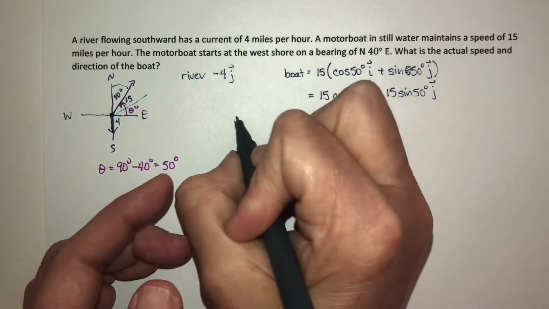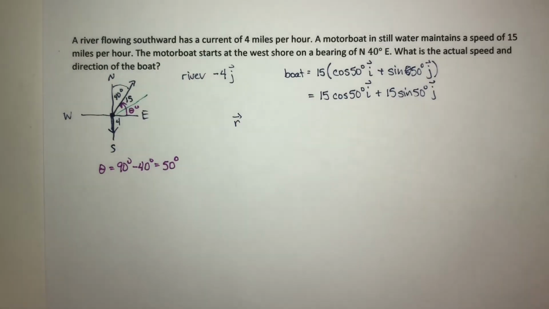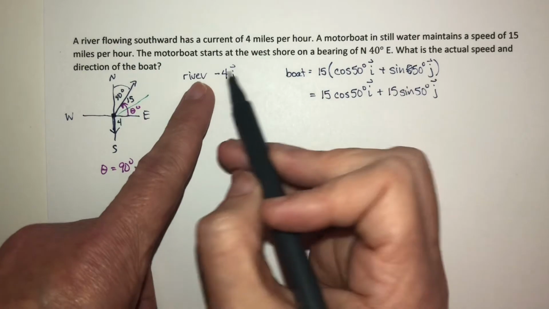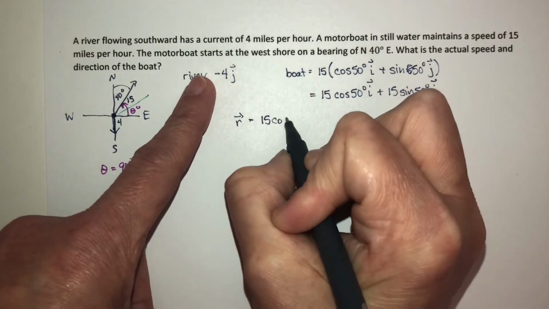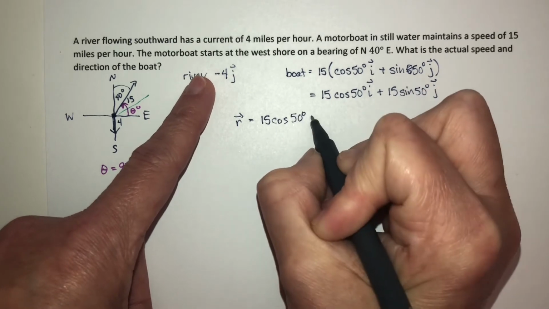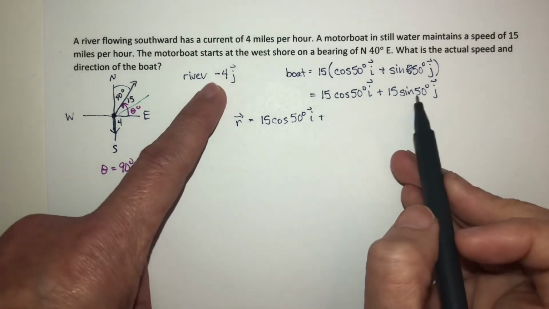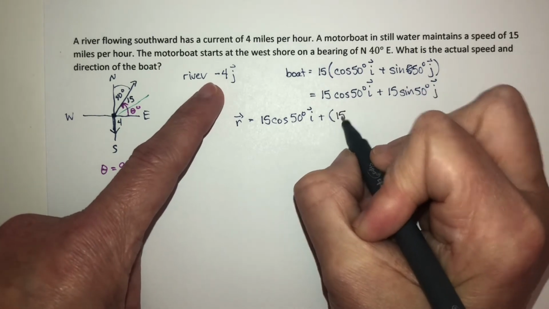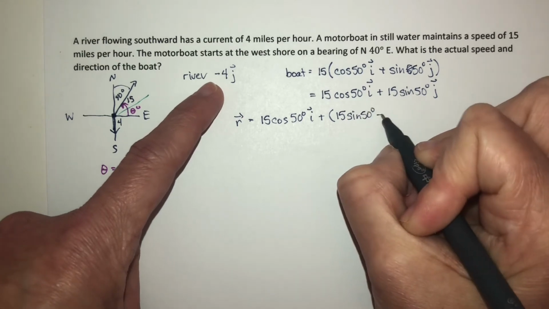Now, our resultant, which is the answer we're looking for, is going to be these two vectors added together. Since the river vector does not have an i value, it's going to be 15 cosine of 50 degrees i, plus, combining like terms, 15 sine of 50 degrees minus 4 j.